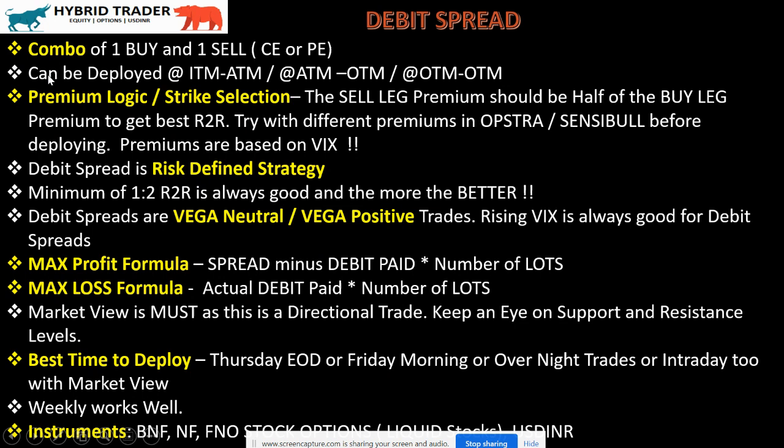A debit spread can be deployed by buying one ITM and selling the ATM, or by buying one ATM and selling the OTM, or the third combination would be buying one OTM and selling the OTM. These are the various permutations and combinations, and they will help you understand the risk and reward.